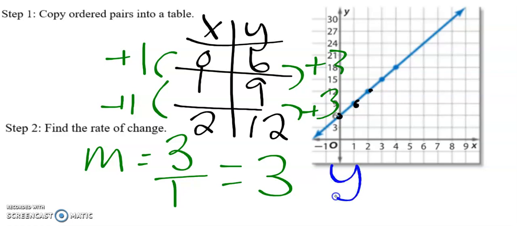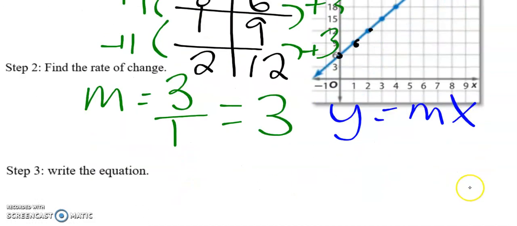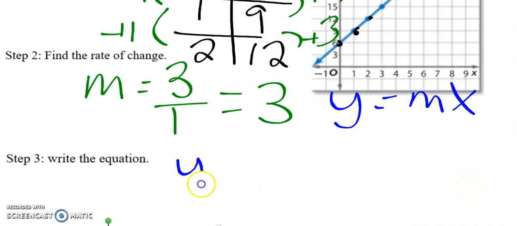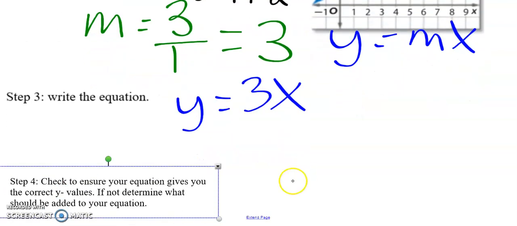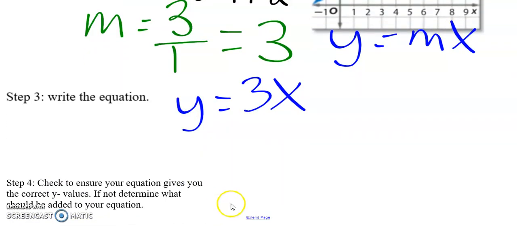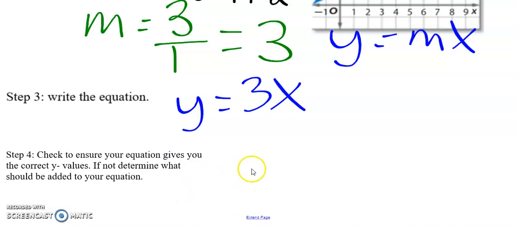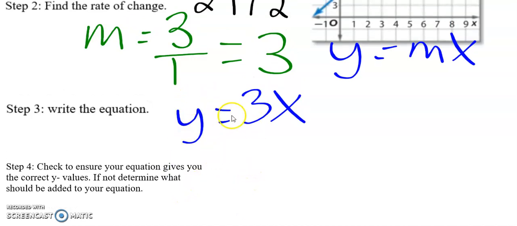Write the equation, y equals mx. So I want to plug in that 3. y equals 3x. Now, before we just say, okay, this is going to work, we want to make sure that we check this. So using your table, we're going to check this equation.